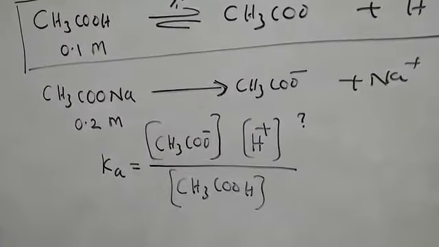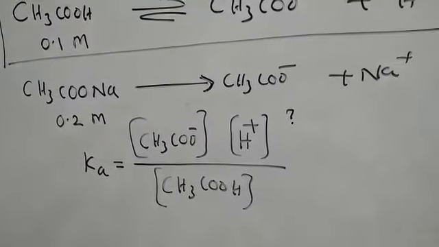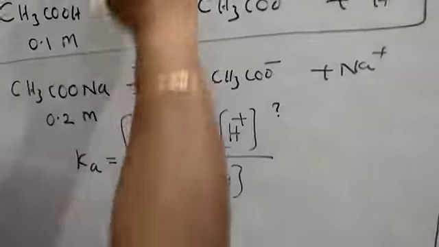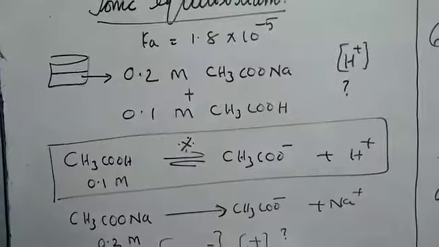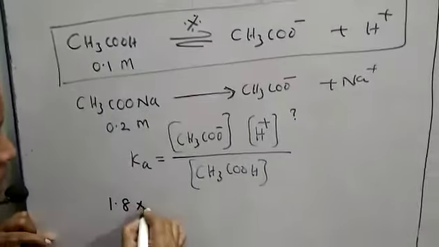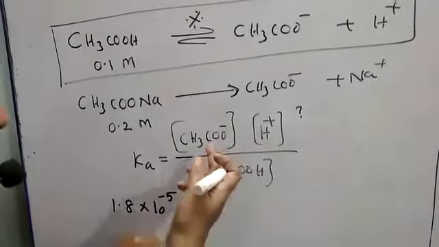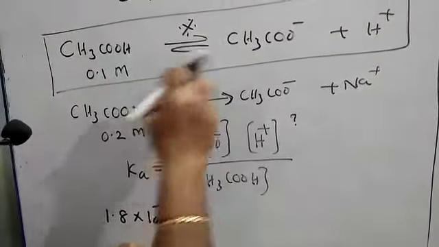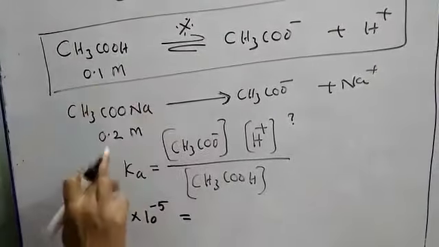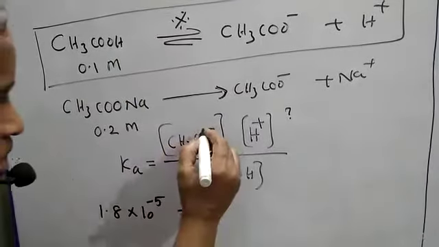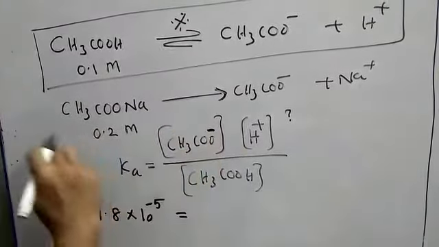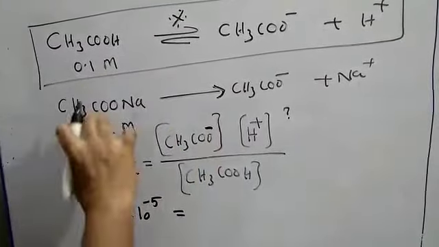Now let us see the substitution of values. Ka is given, so let us substitute: Ka 1.8 into 10 power minus 5 is equal to the acetate concentration. Sorry children, this is called the salt. The salt is completely ionized, so 0.2 means the acetate is also 0.2.